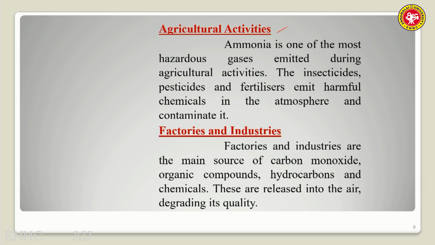Insecticides, pesticides and fertilizers emit harmful chemicals into the atmosphere and contaminate it. Next, factories and industries. Factories and industries are the main source of carbon monoxide, organic compounds, hydrocarbons and chemicals. These are released into the air, degrading its quality.